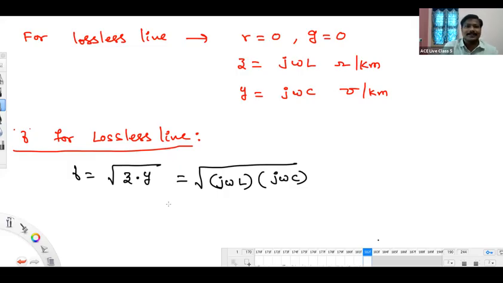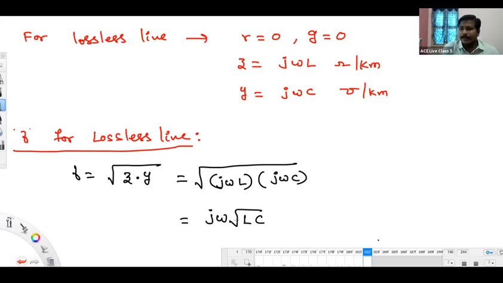Again, the same question you are asking me. In a lossless transmission line there is no real power loss, which means there is no power dissipating element in the circuit. So no series resistance, no shunt conductance. It will be converted into j omega root LC.